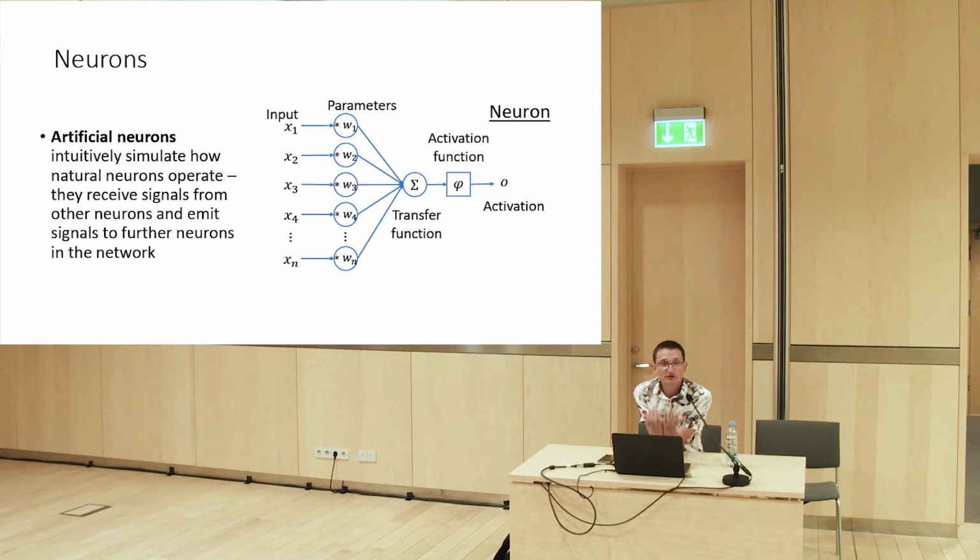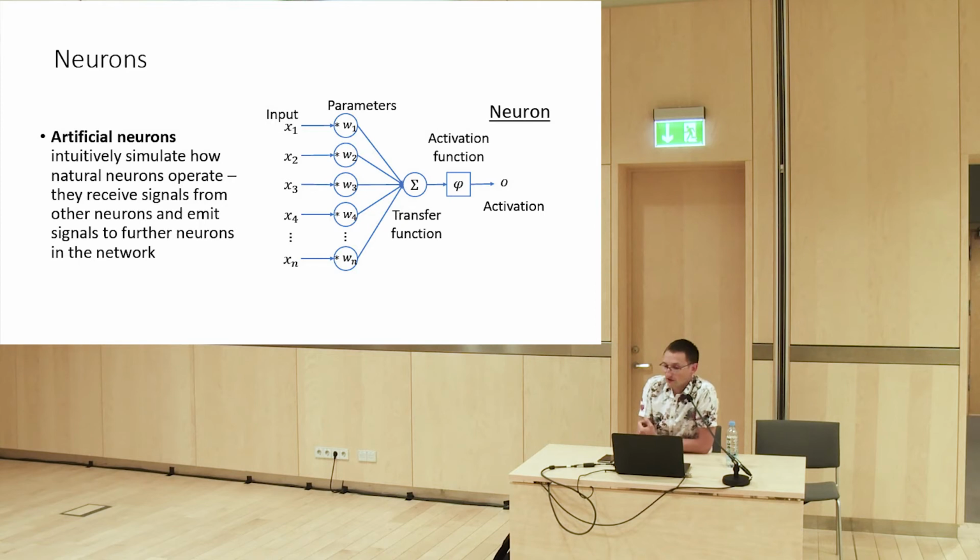Intuitively, if we think about artificial neurons, they work similarly to natural neurons. Each neuron receives input signals, and based on where the signals came from and how strong the signals are, it is able to decide whether to emit this signal further.